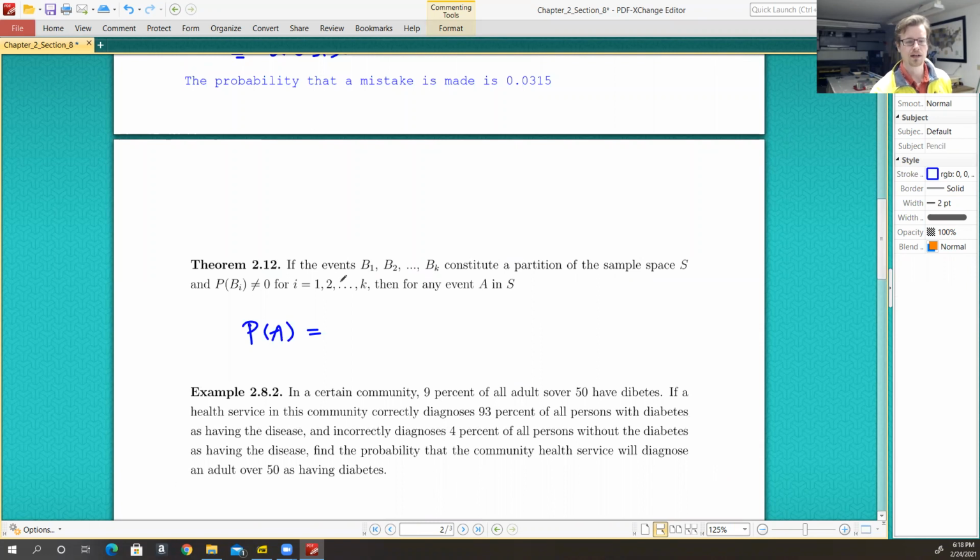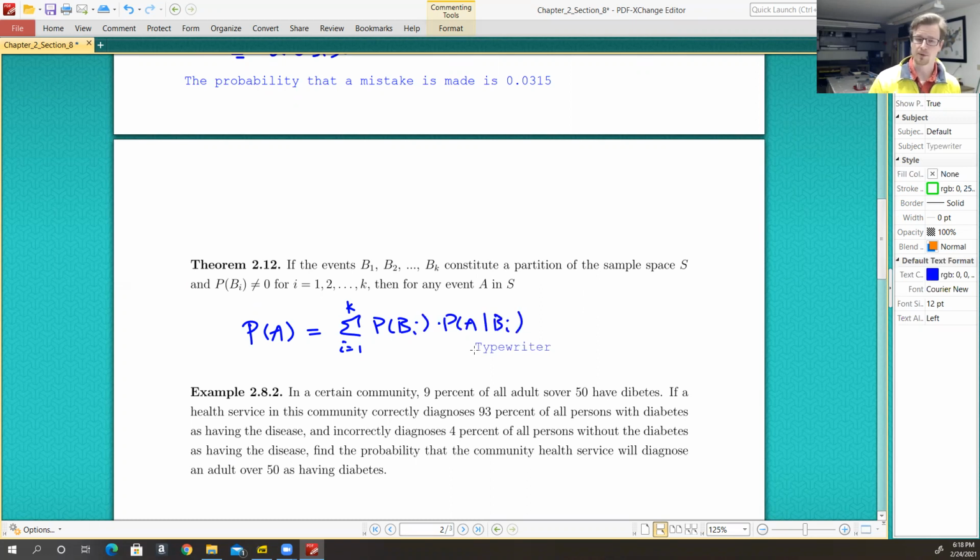And we want to add up the intersections with all k of the events in the partition. So sum from 1 to k of all of the probabilities of the intersections, but the probabilities of the intersections are given by the probability of Bi times the probability of A given Bi.